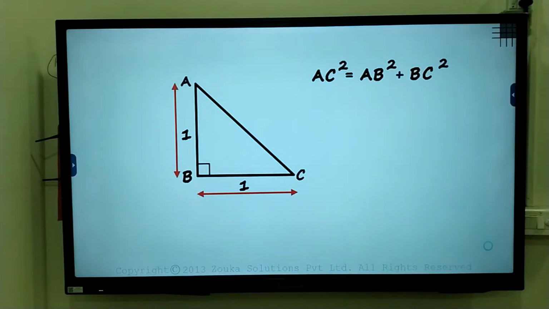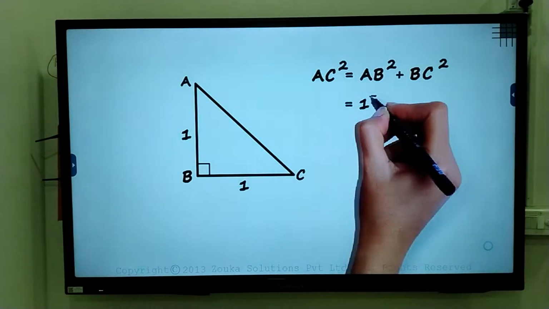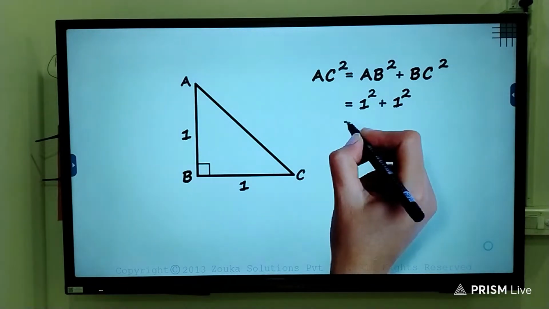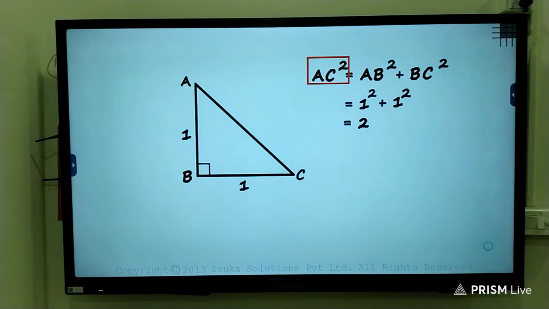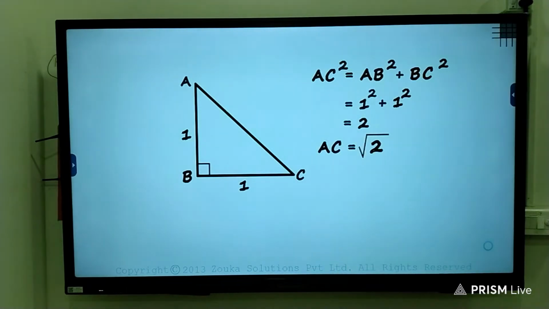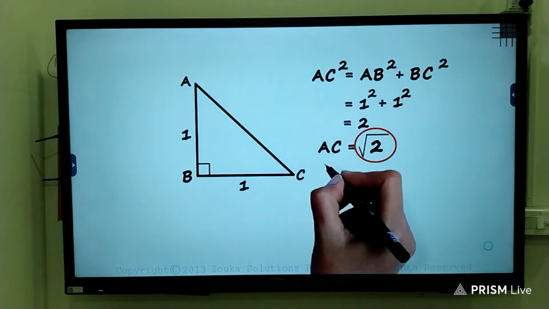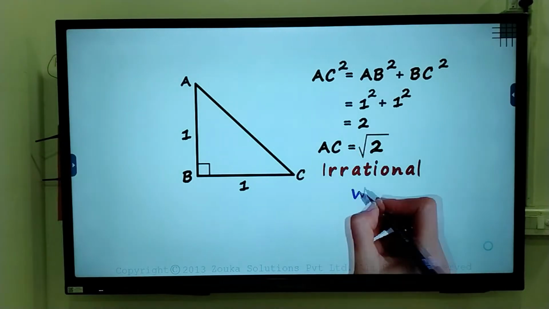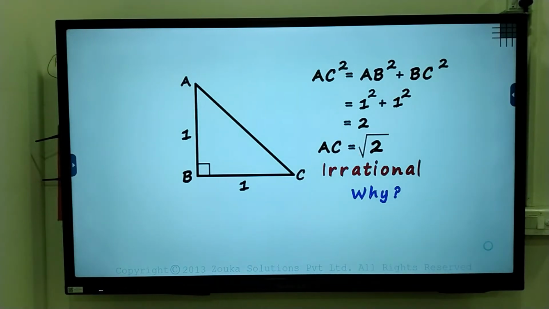AB and BC both equal 1. Substituting those values here, we got AC squared as 1 squared plus 1 squared, which equals 2. If AC squared is 2, AC will equal square root of 2. And Hippasus said that this is an irrational number. But why? How did he prove it?